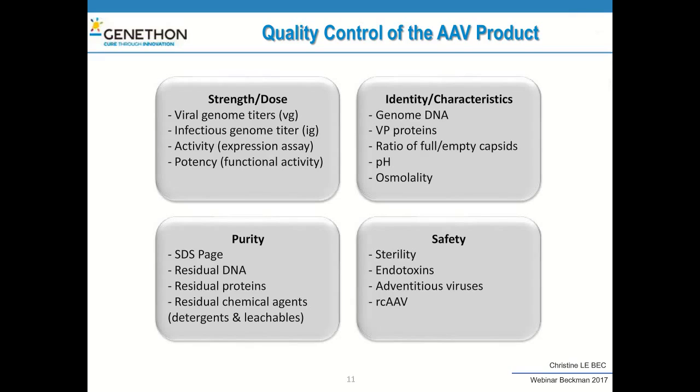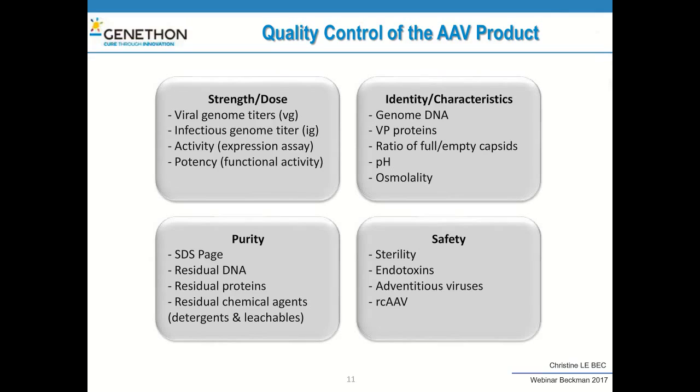You need some assays to quantify the residual DNA, the residual proteins, the residual chemical agents. It gives you the monitoring of your vector's purity. And the last one is the safety of your product, such as sterility.